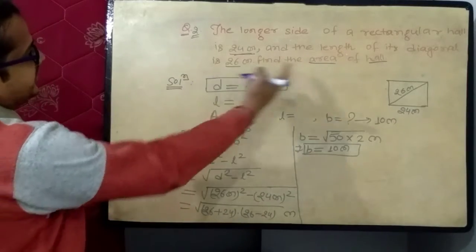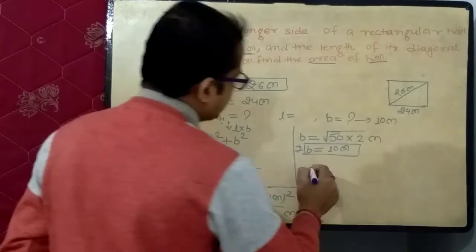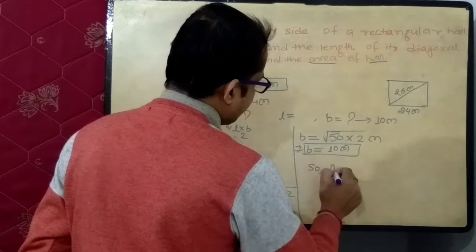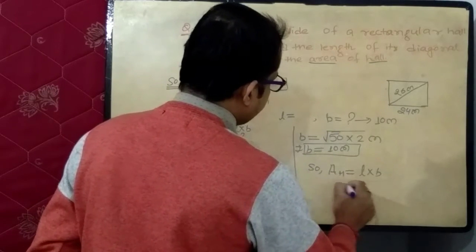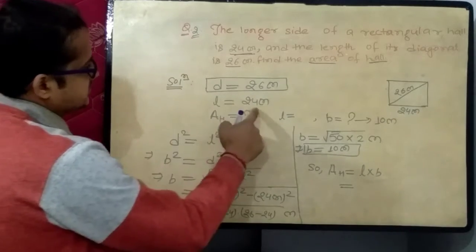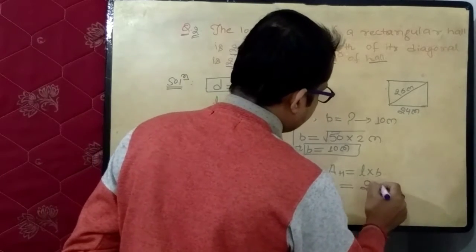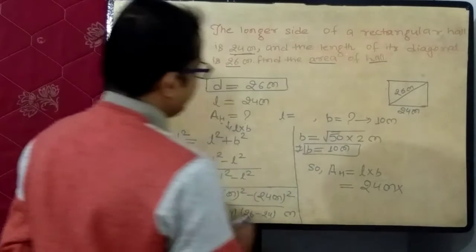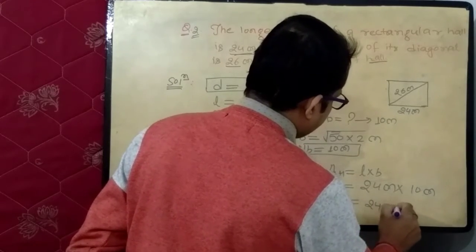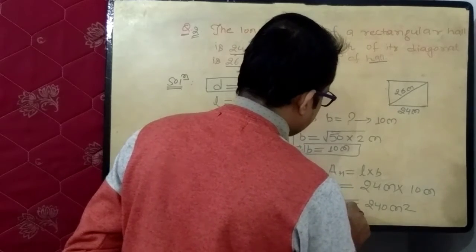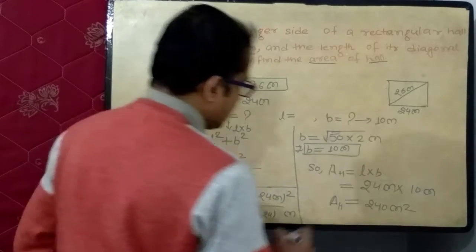Now you can easily find out the area of hall. Area of hall equals to what? L into B. L is 24 meter multiplied by 10 meter. So 240 meter square is area of hall.